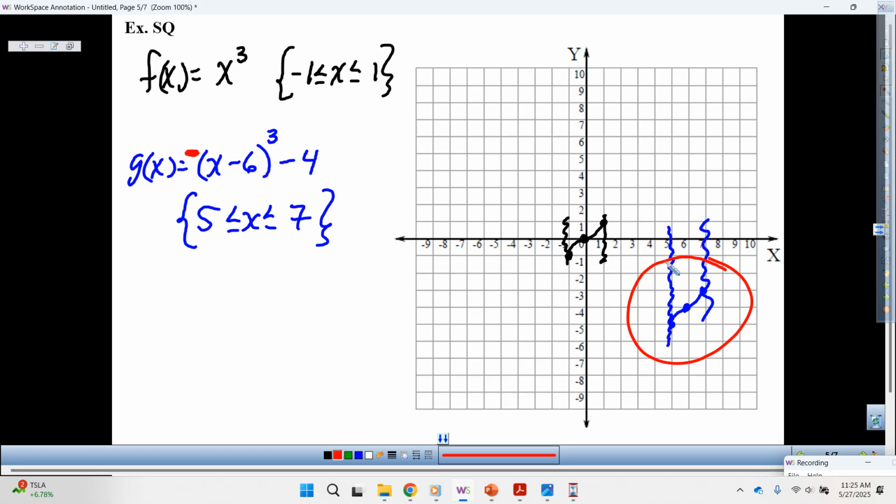All right, Renzo, what happens? When there's a negative in the front, it flips, yeah. So this one stays there, but this one flips up, this one flips down, and it looks something like that. So far so good, yes?